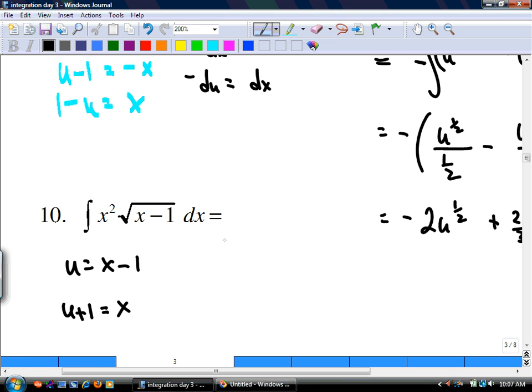So what does the antiderivative become? And you're looking at it going, Mr. Epp, that's not any easier, is it? But it's doable.